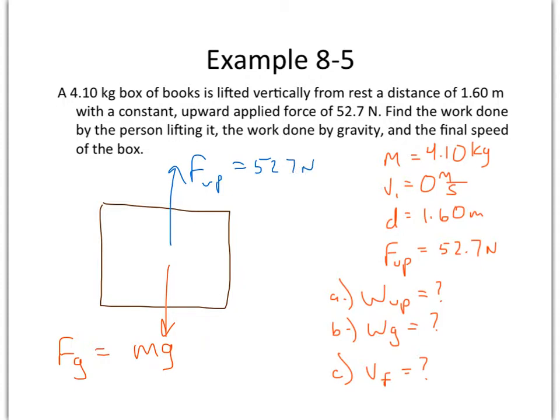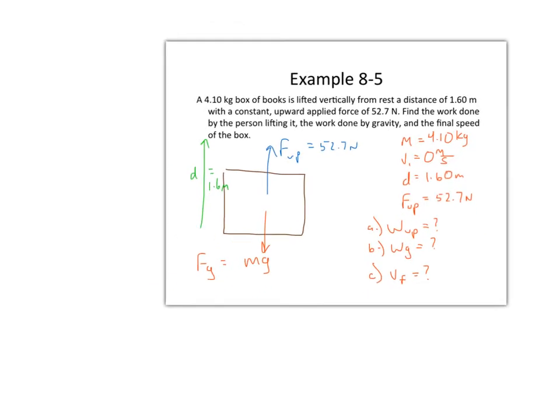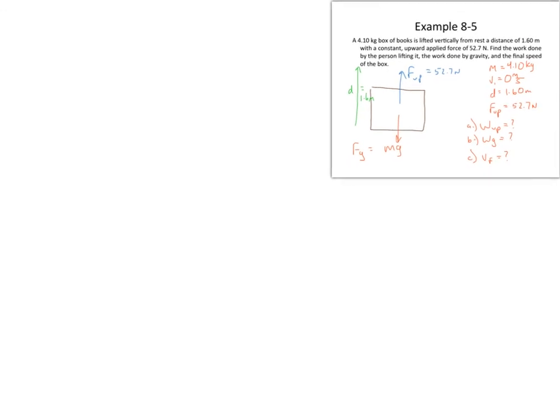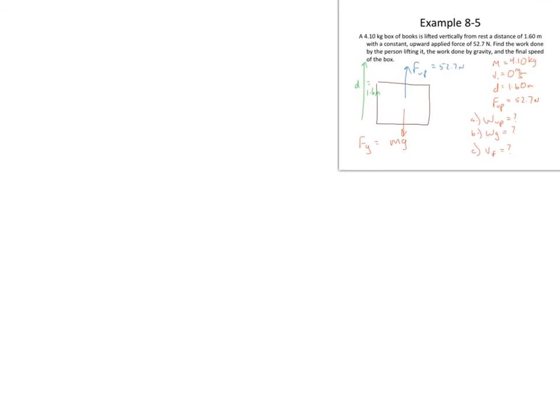And we want to label one more thing, and that is the distance d, which equals 1.6 meters, and it's being moved directly upwards like that. Okay, you got it? So I'm going to shrink all that down and put that up in the corner. If it's too small for you, you can probably still read off your sheet.